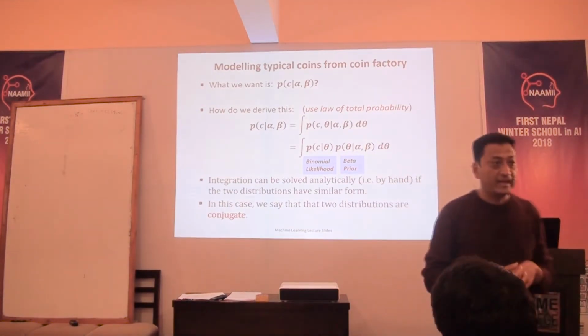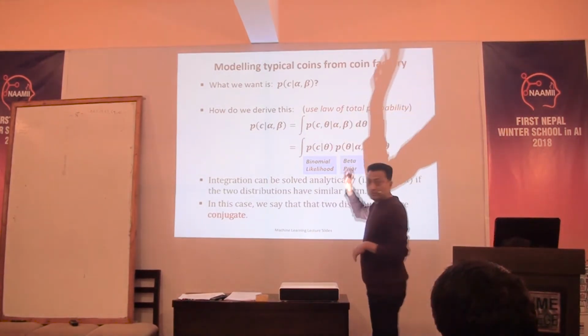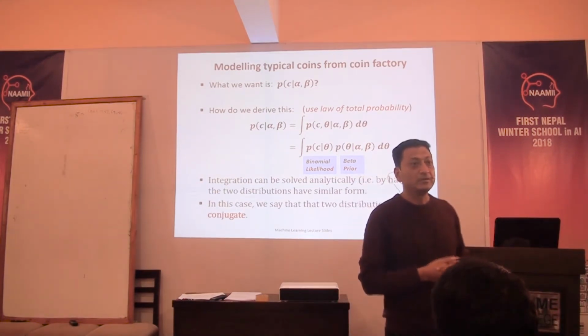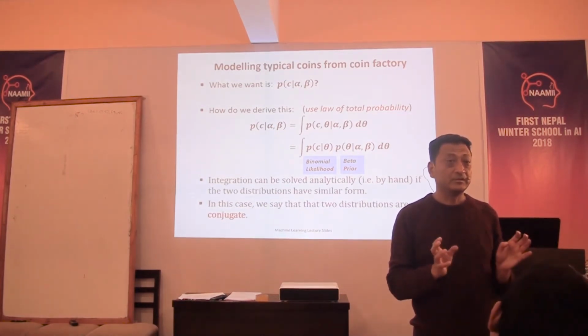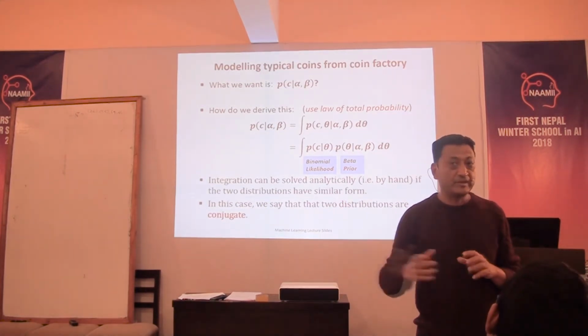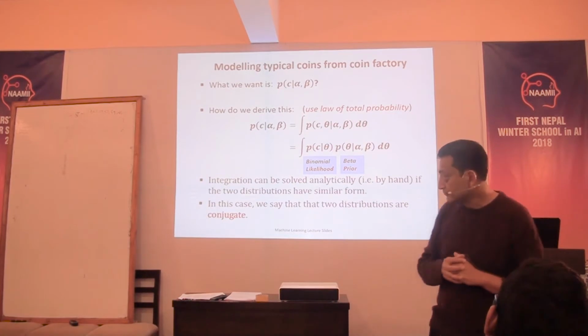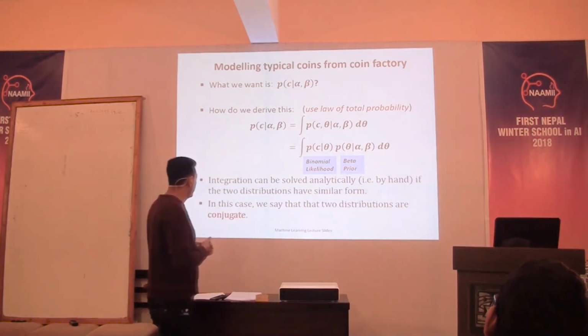So in that case, we're going to say that these two distributions are conjugate, okay? So that is the technical term. So we use the word conjugate. So it means the shape of the equations are similar, and that this integration can be solved on a piece of paper, okay?